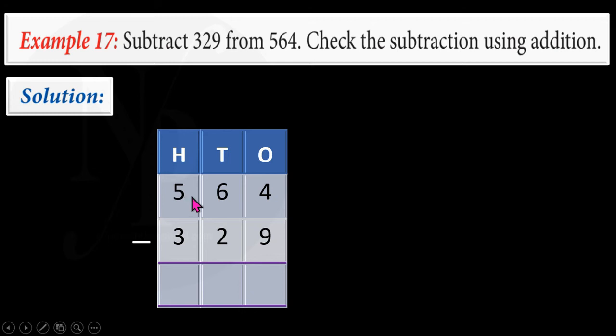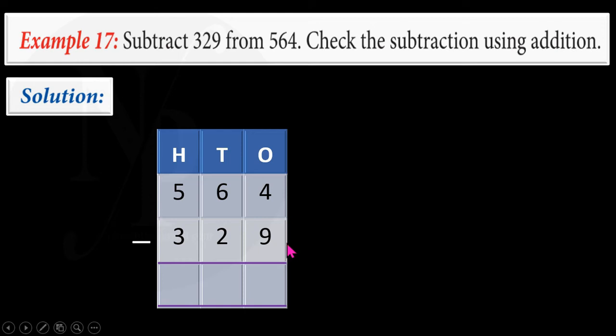In 564, 5 is in hundreds place, 6 is in tens place, and 4 is in ones place. And in the number 329, 3 is in hundreds place, 2 is in tens place, 9 is in ones place. So we have to subtract this number from the 564. So we have minus sign here, which indicates we are subtracting these numbers.